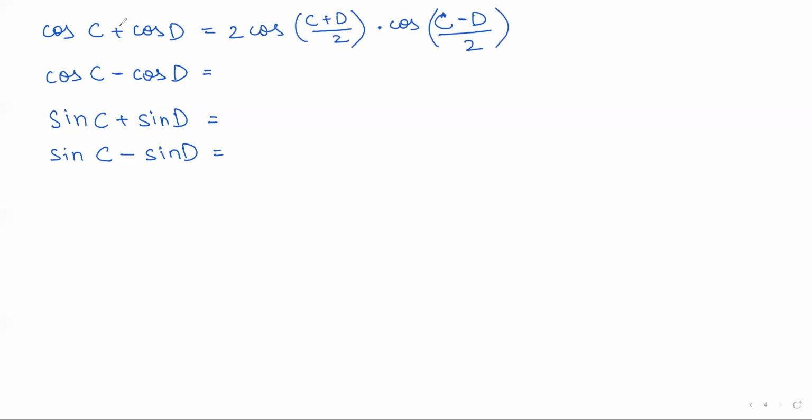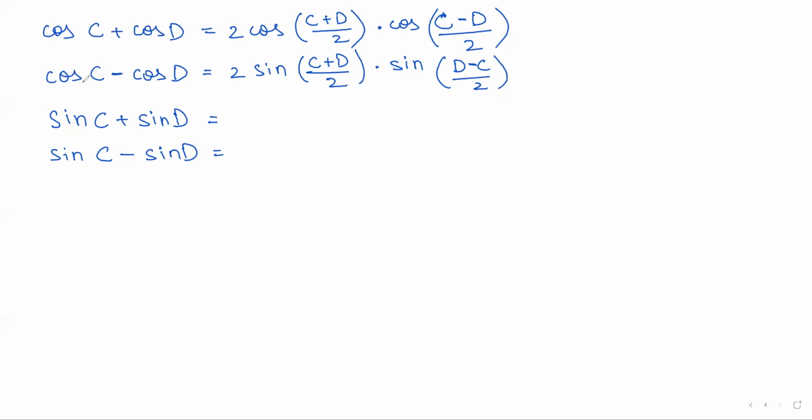So your addition, your two terms, got converted into a single term. Cos of first angle minus cos of second angle will lead you to 2 times sine of again the average of two angles, into sine of second angle minus first angle divided by 2.